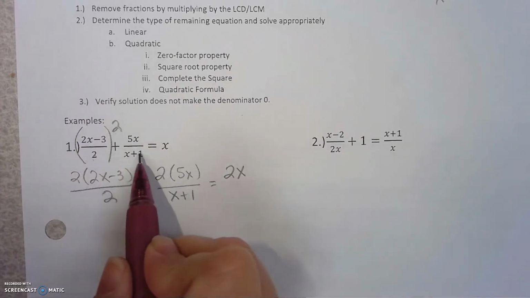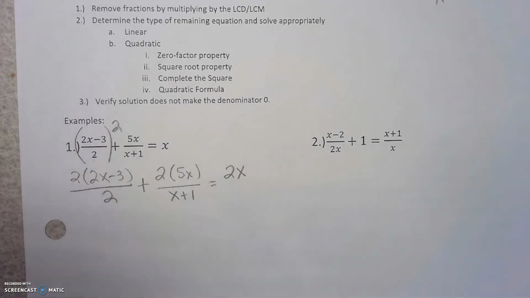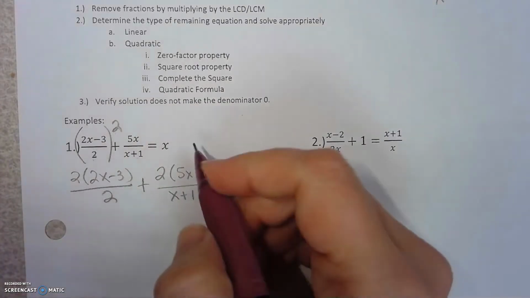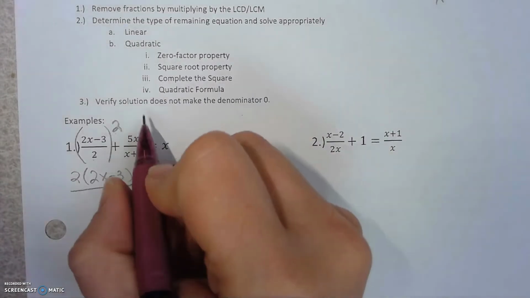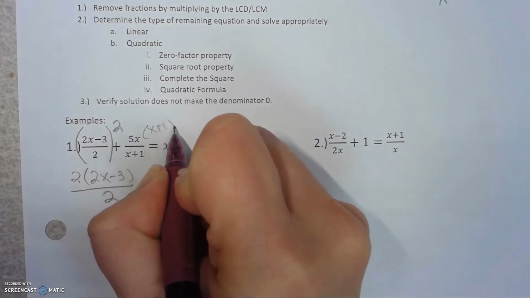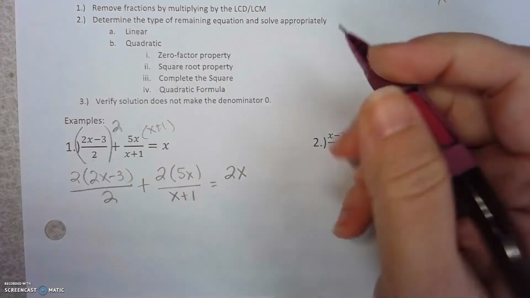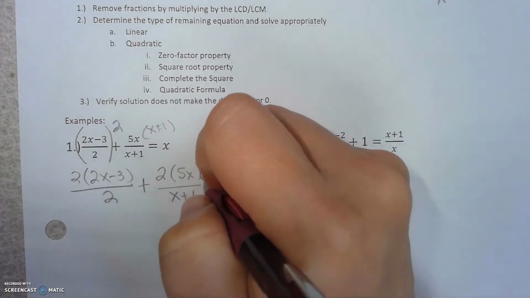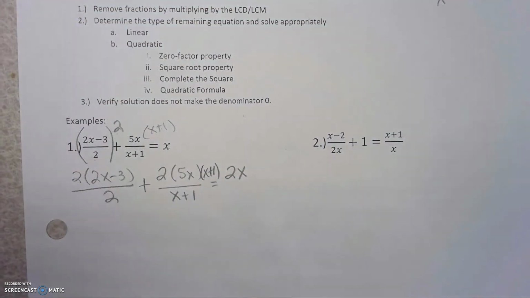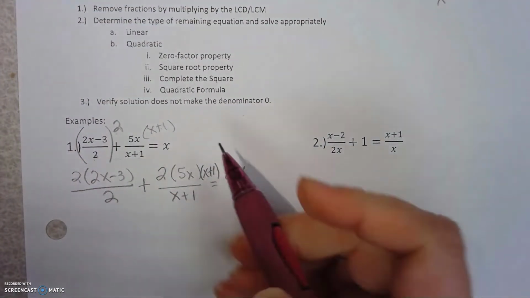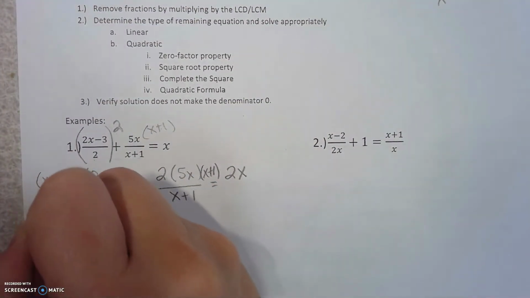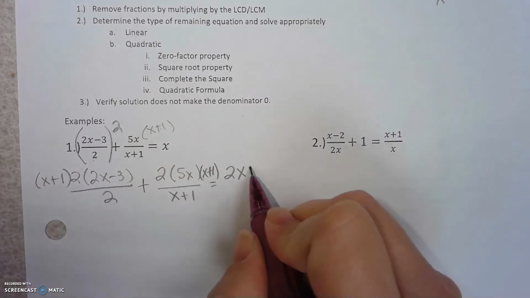Now I still have this denominator, so I need to multiply by x plus 1, so that this x plus 1 and this x plus 1 will divide out. I'm going to write that right here. Because I multiplied this fraction by x plus 1, I have to multiply everything else by x plus 1.